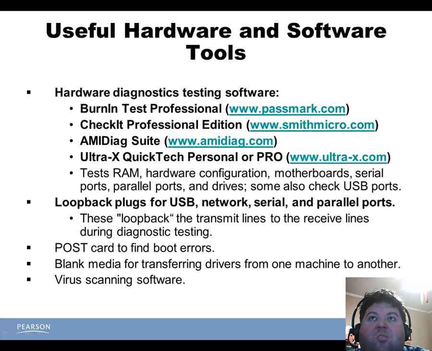Here are some other ones they mention. Hardware Burn-In Test Professional. There's plenty of free burn-in tools. And the term burn-in is kind of an old layaround from what they actually used to do to computers. To make sure that a computer could handle an environment, they would run a program on a computer that would make the CPU max out, and then they ran these computers in these rooms that were what they called hot rooms, where the temperature was like 95 to 100 degrees, and if the computer didn't melt, then it basically passed the test.